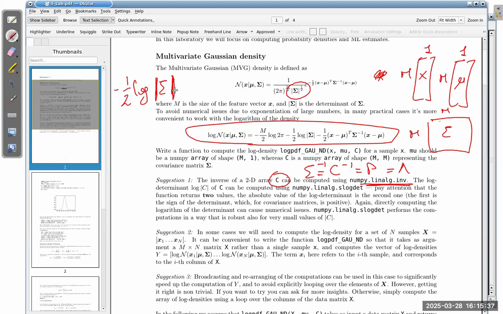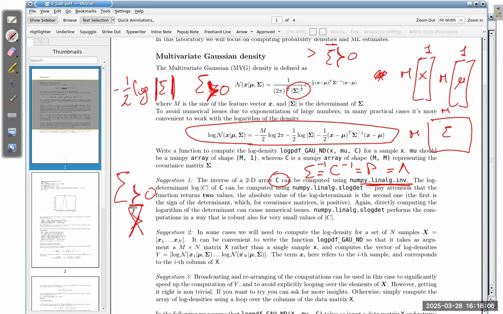Actually, it's the logarithm of the absolute value of the determinant of sigma, but we assume sigma is positive definite. This is not a greater than; it is this symbol, which means positive definite. Written correctly, it's like this. It means that all the eigenvalues of sigma are greater than 0.